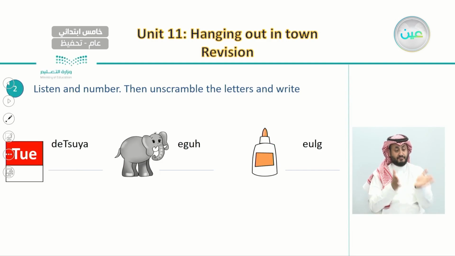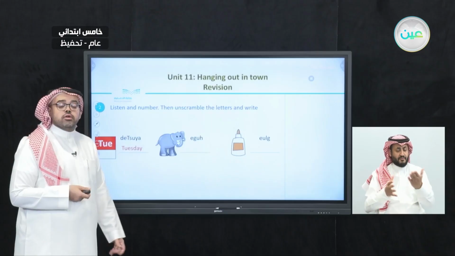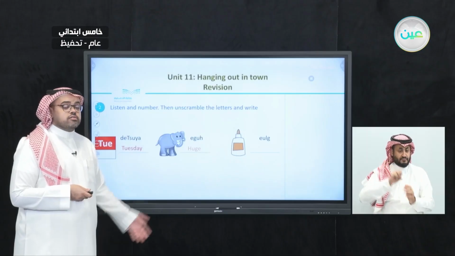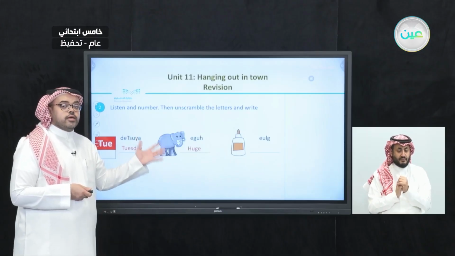Now also the other three words we have the same. The first one is one of the days of the week. Can you remember what that day is? It is Tuesday, Tuesday. And the second word here, to talk about how big this elephant is, we have the word huge, huge.